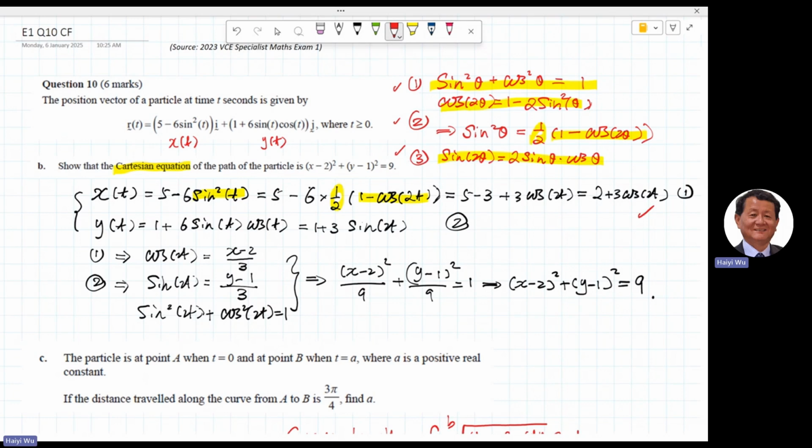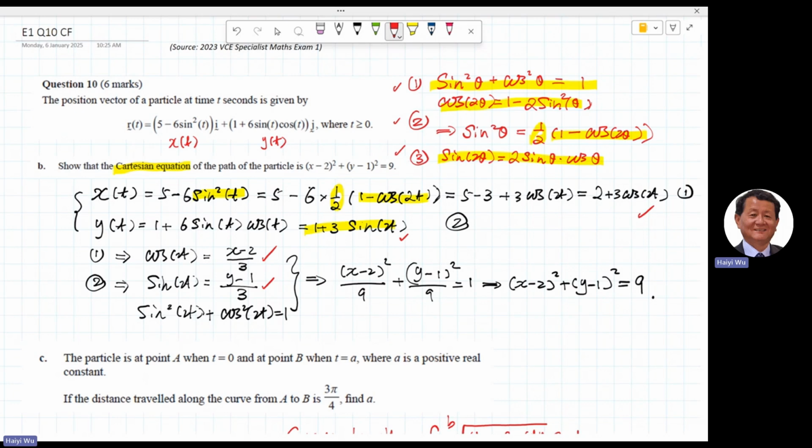For y(t), we're using the sine double angle formula, so 6 becomes 2 times 3, and we end up with the second equation. That's the y(t). Then I'm going to change cosine 2t to (x minus 2) divided by 3, and sine 2t is (y minus 1) divided by 3.